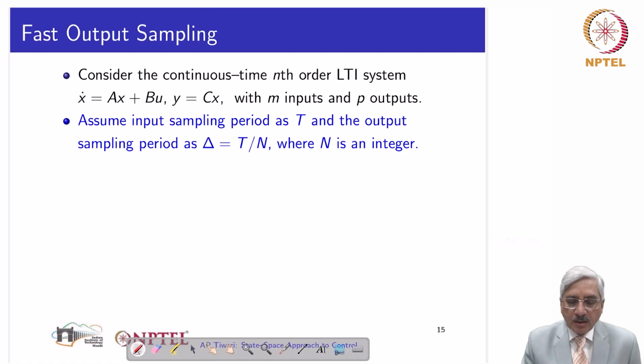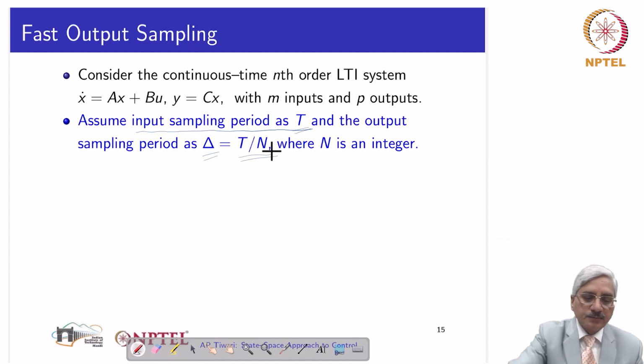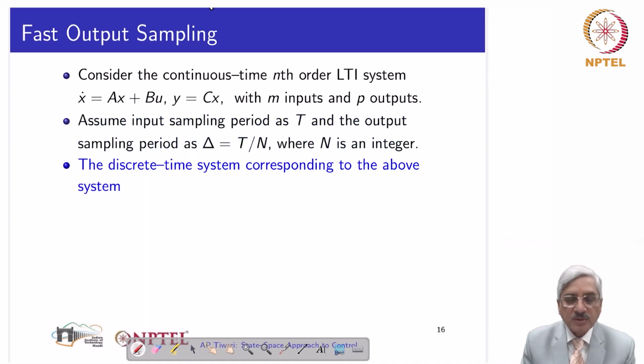Now we assume that on the input side, the sampling period is T, and the output side sampling period is delta, which is T divided by n, n being an integer. So basically in the fast output sampling, the outputs are to be sampled at a faster rate than the input.